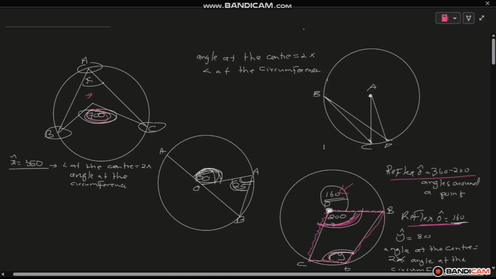So let's say this 70° was inside here. We wouldn't say that 70° is the center. Why? Because it is inside the shape ABC. So for it to become the center, we would say reflex O or reflex center equals, I hope you are understanding what I am saying here, 360 minus 70, but we know that here we're going to have a negative angle.